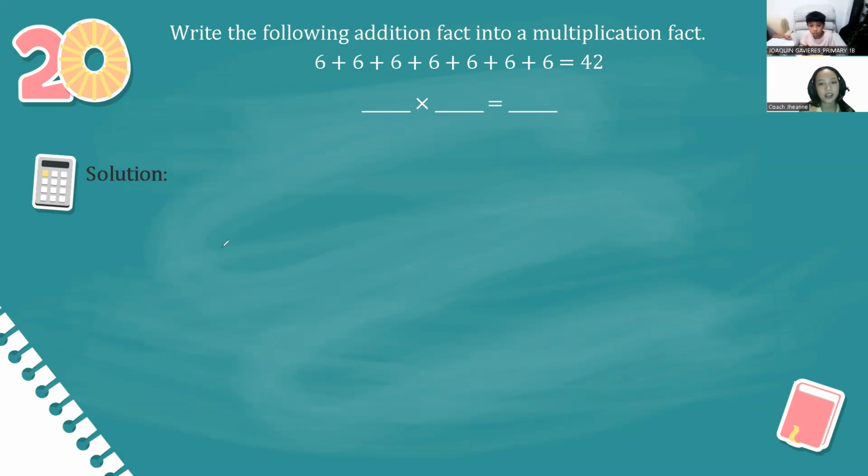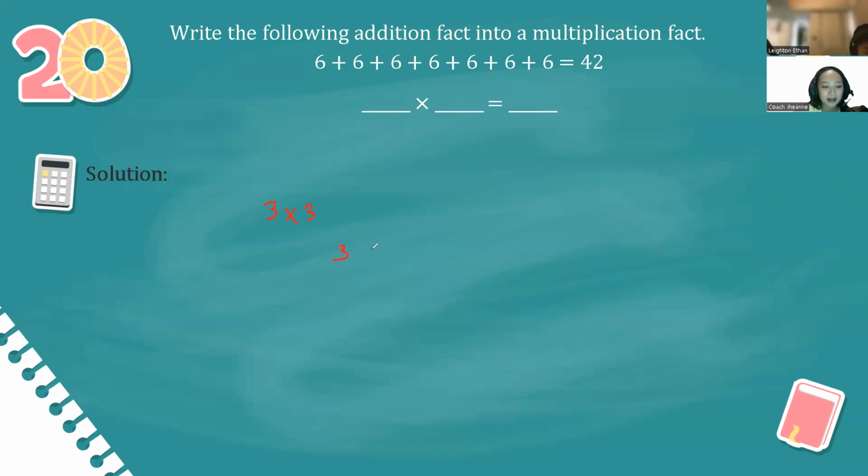When we solve a multiplication fact, we just simply repeat the addition. So for example, if we have 3 times 3, we have to add 3 three times.